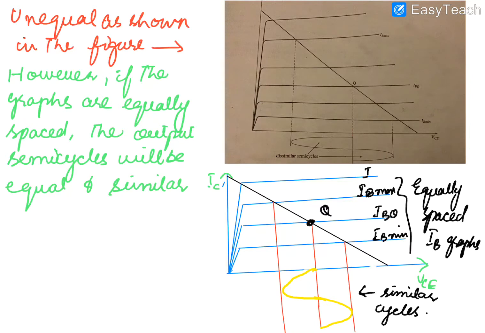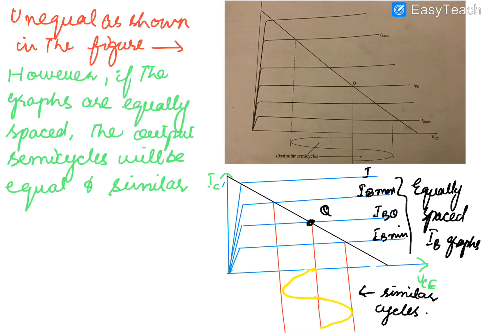Because of the unequal spacing of IB values, there are dissimilar cycles on the positive and negative sides. The negative side is longer as compared to the positive side. It means that this negative peak voltage is greater than the positive side peak voltage. This is all due to the non-linearity of the transistor.